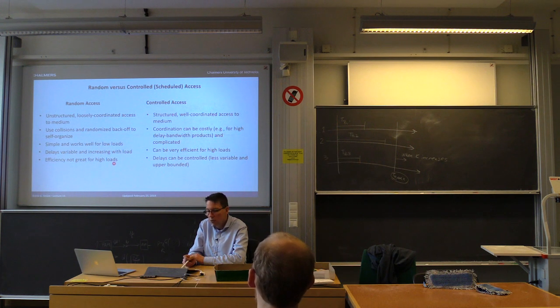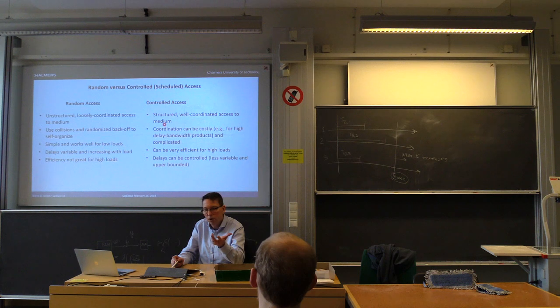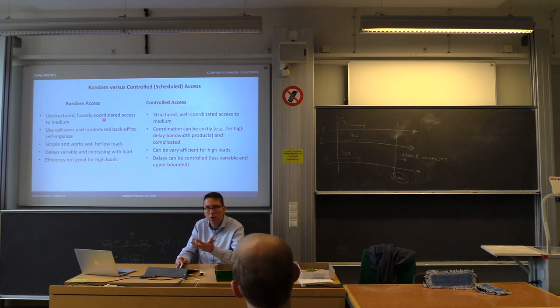Okay. So suppose you would like something which works better when random access does not work well. Well, then we go to controlled access. What is that? It's structured and well-coordinated access to the medium. We pre-plan the transmissions to avoid collisions, while here we transmit and hope for the best, right? And then recover. So that's the two basic differences in philosophy here.